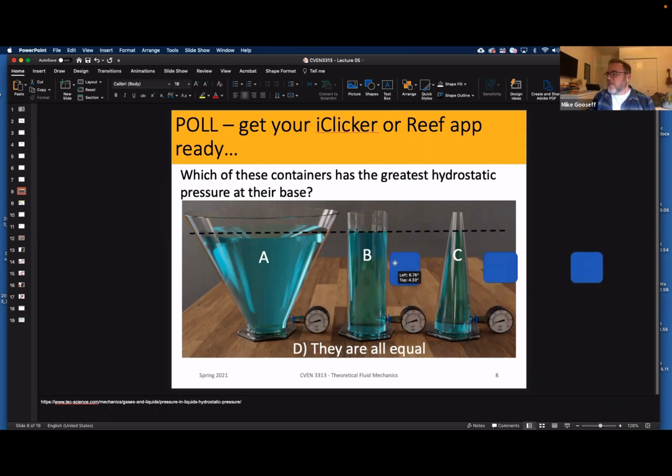So let's move these, and if you can see that, all of these are at about the same pressure. So that's supposed to be proof that indeed these all have the same hydrostatic pressure at the bottom of them, despite having different amounts of fluid, but all having the same height in each of these 3 containers.